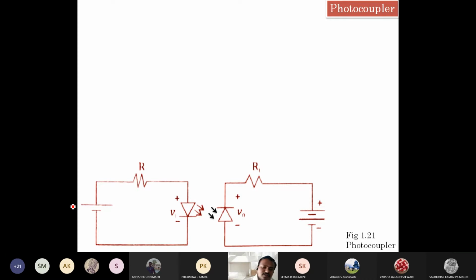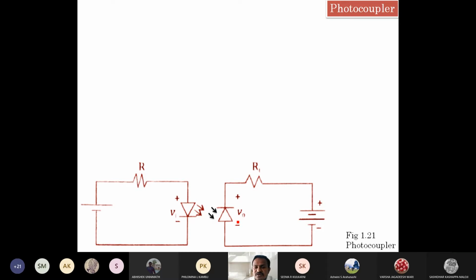As you observe in the diagram, we use both LEDs and photodiodes. The LED circuit is at the source end, and the photodiode circuit is at the destination end of the transmission media. The LED is under forward bias condition and the photodiode is under reverse bias condition.